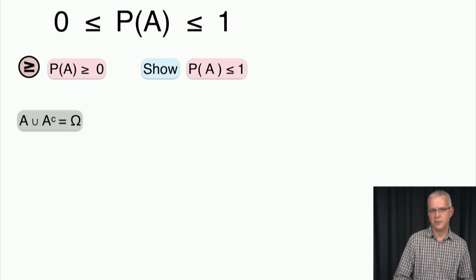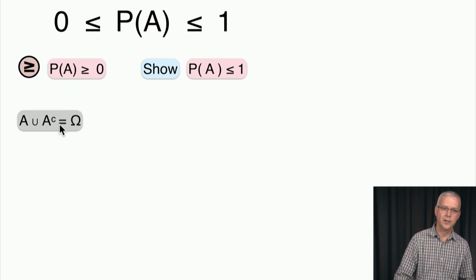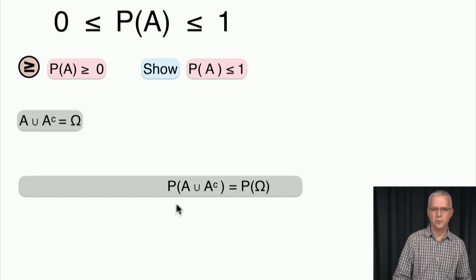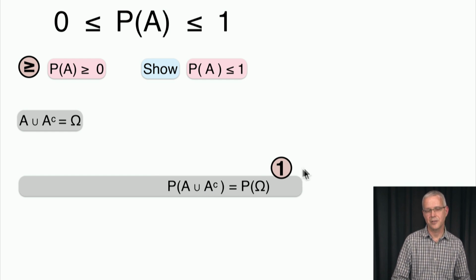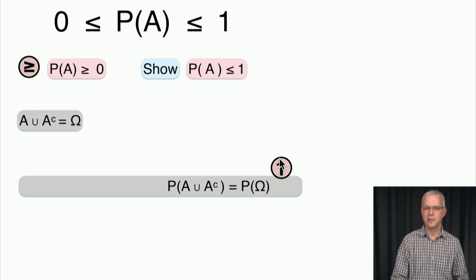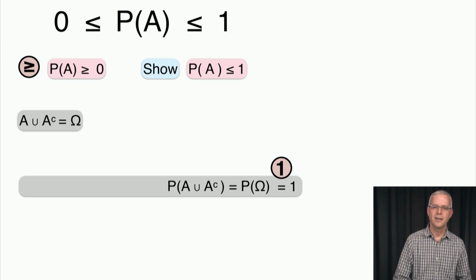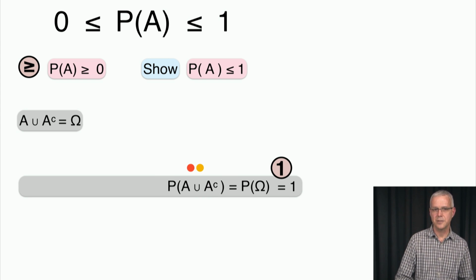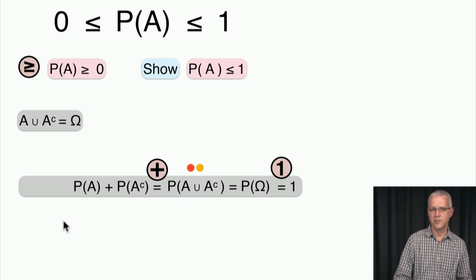The probability of A is less than or equal to 1. We start as usual. A union A complement is omega, and therefore the probability of A union A complement is the probability of omega. The probability of omega by unitarity is 1. Then we observe that A and A complement are disjoint, and so the probability of the union by the addition rule is the sum of the two probabilities, the probability of A plus the probability of A complement.